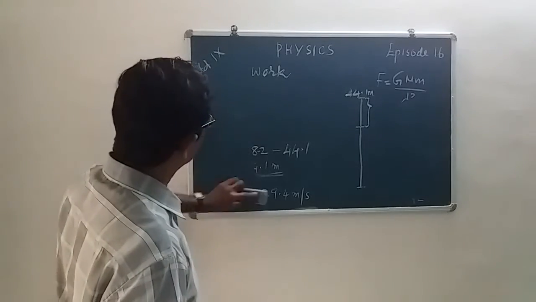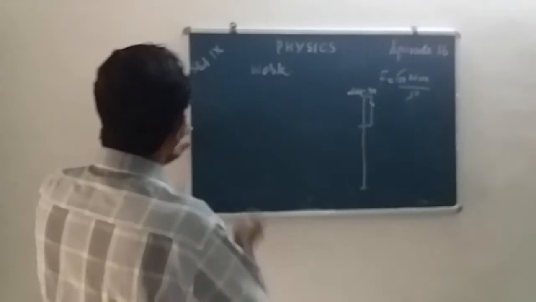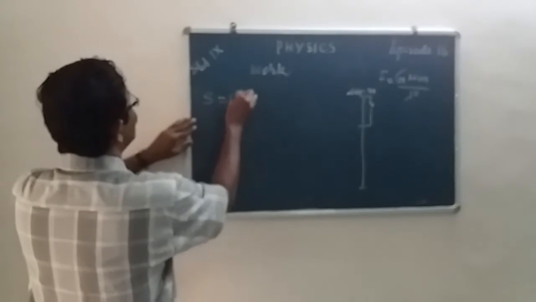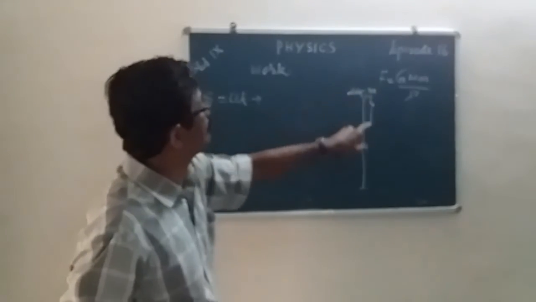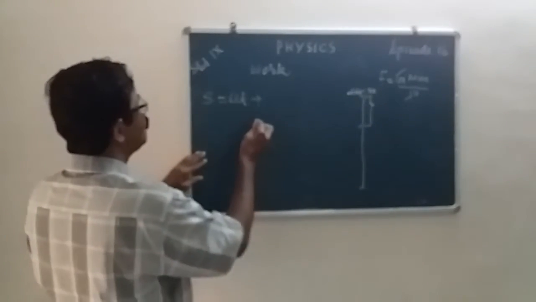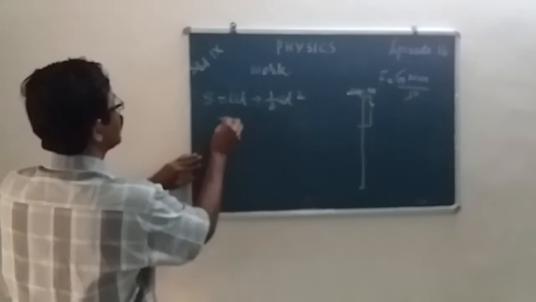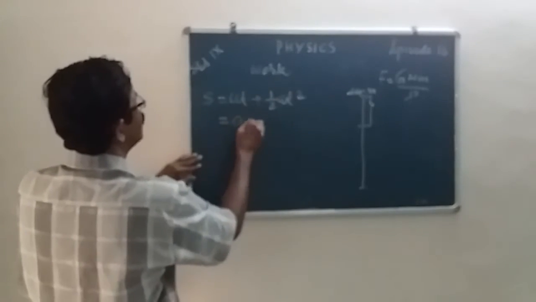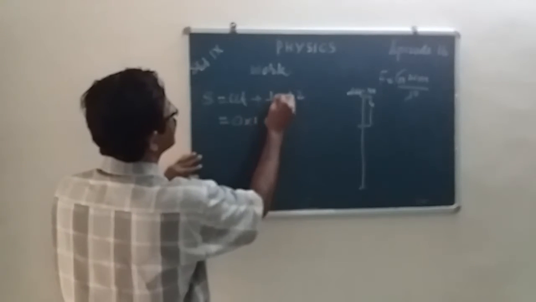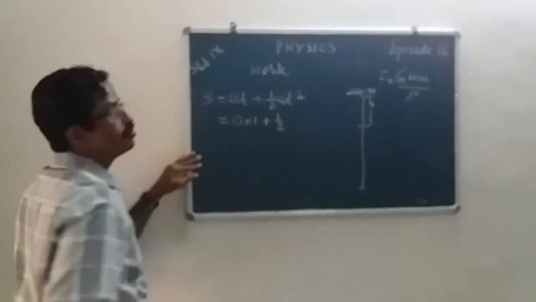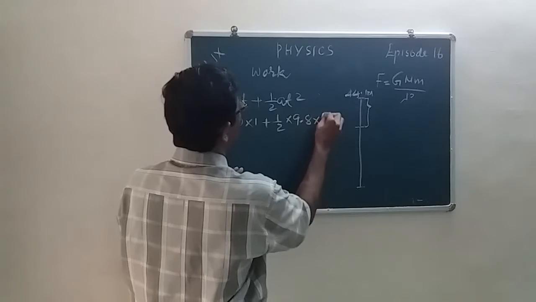Now within 1 second, the stone travels a distance S equal to U T plus half A T square. Suppose the stone is falling downwards. S is equal to U T plus half A T square. That is equal to U, here 0 when it comes down, and T is 1, plus half into A, that is 9.8 into 1 square.